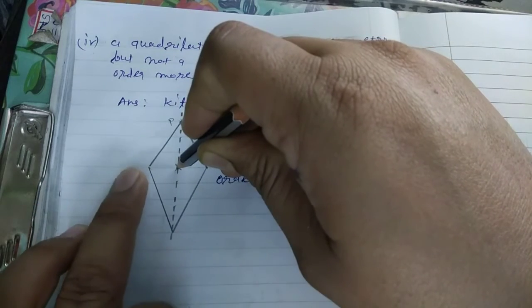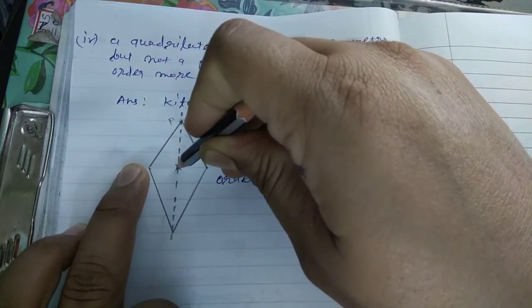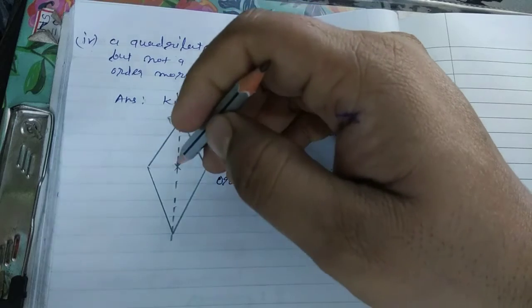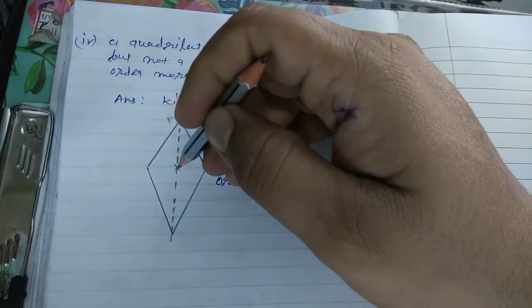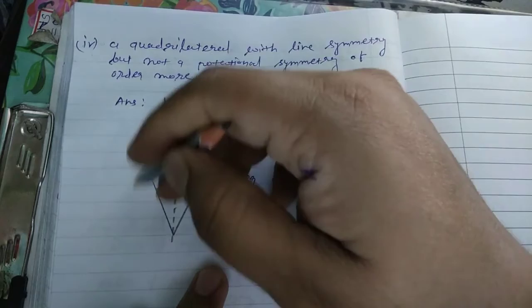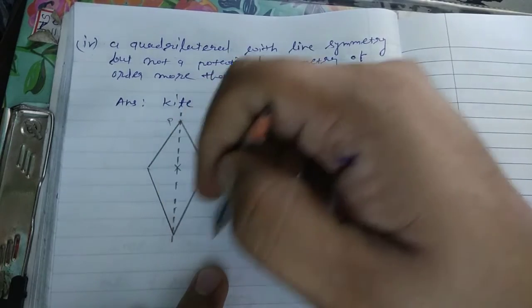After rotating, we can see that the shape we get does not look exactly the same. Again, in the same way we rotate again.